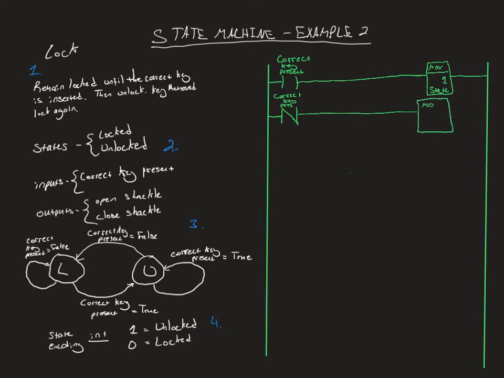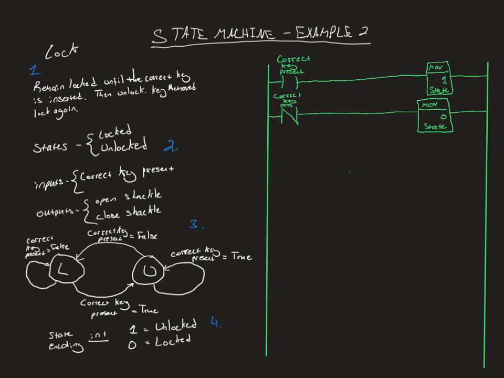So again, using the MOV command, we'll move a 0 into the state. So fairly simple, right? If the right key is in the lock, we move a 1 into the state. 1 means unlocked. If the correct key is not present, we move a 0 into the state. 0 means locked. So that's our entire state transition logic.